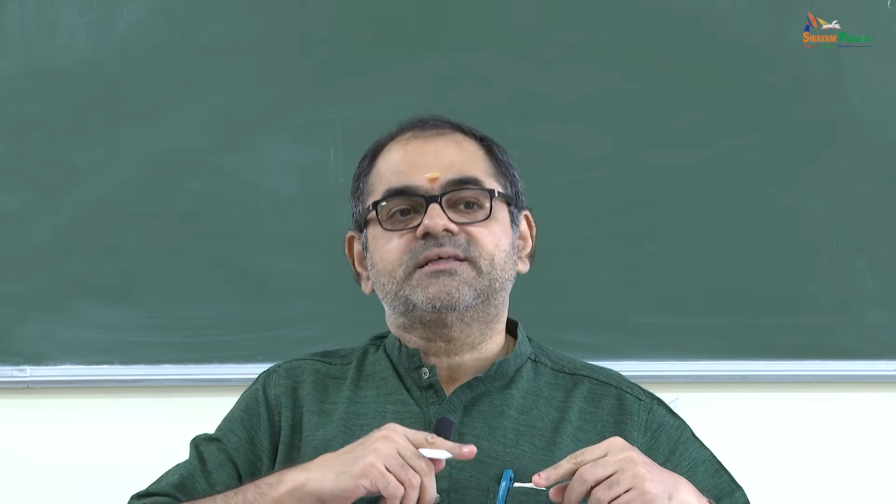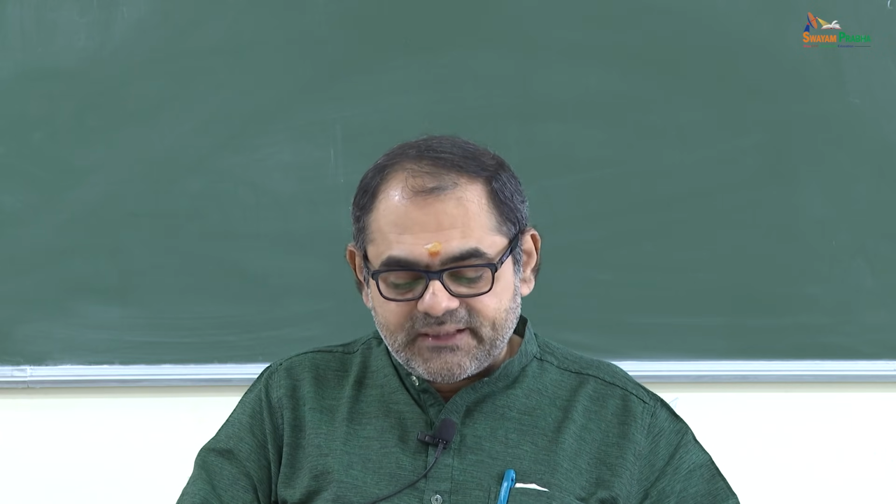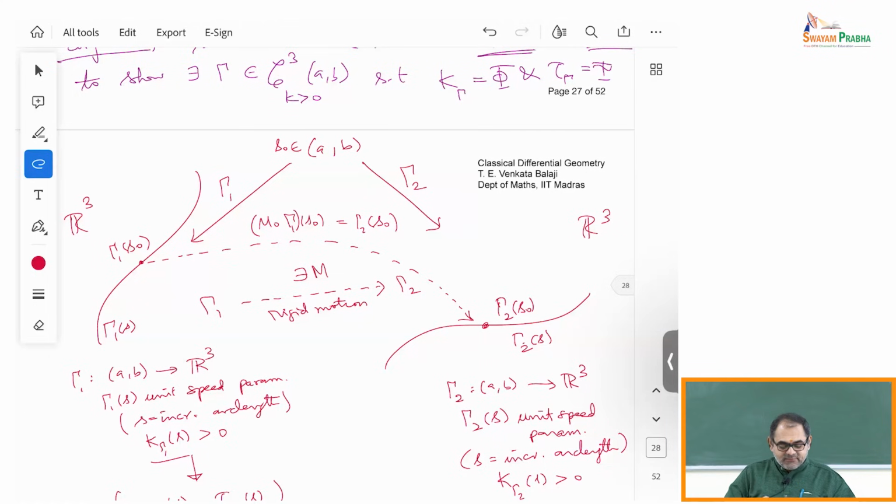You can first write it as a translation followed by an oriented linear isometry. So we are trying to guess this m: you have to guess its translational component and its rotational component, and that's what we are trying to do. The translational component is very clear. If there is a rigid motion that takes gamma 1 to gamma 2, it will translate gamma 1 of S naught to gamma 2 of S naught, and therefore the translational component has to be this.